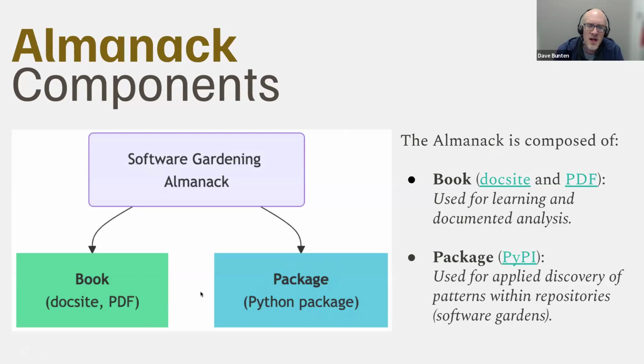The idea is that the package and the book are intertwined, and that as you employ things through the package, you might want to read parts of the book, and you can learn things through the book, and then maybe reuse the package to make further discoveries where you're at with your own software.